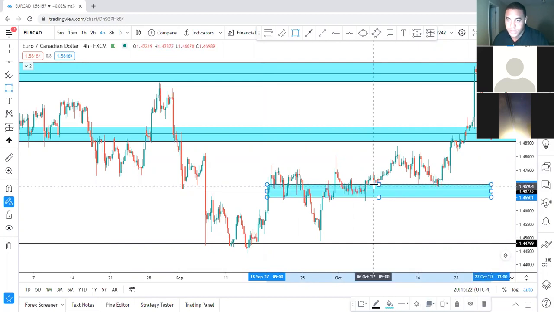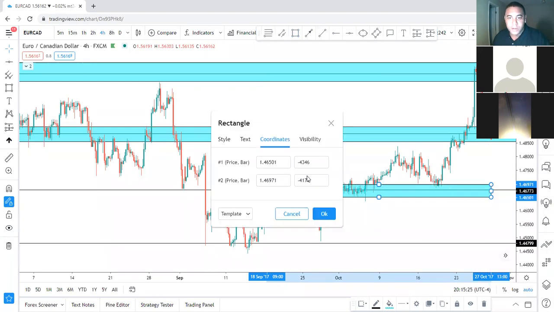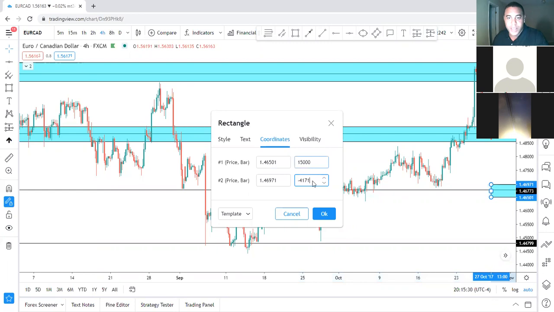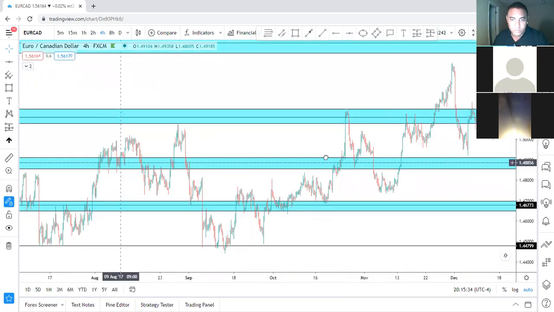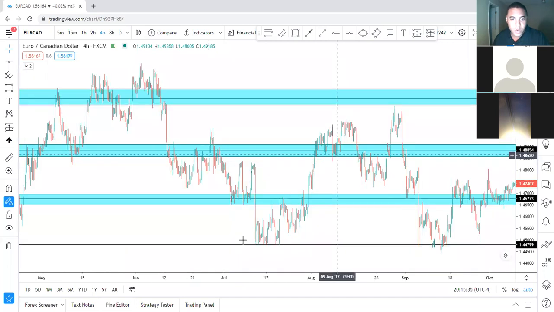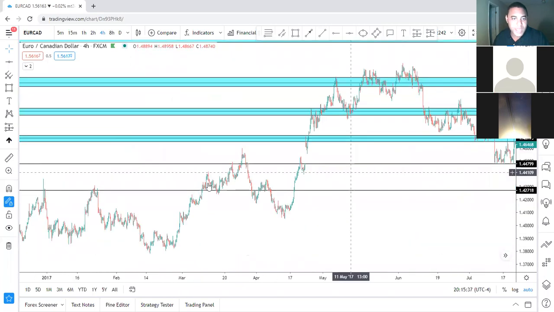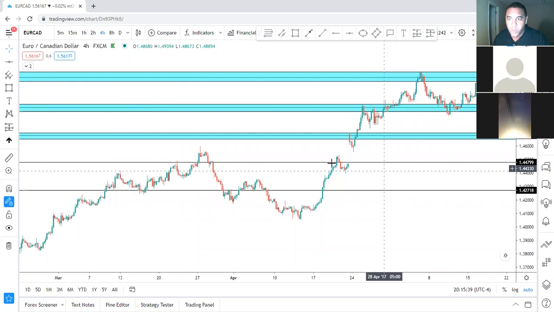I decided to use these candles here. I didn't want the zone to be too wide. The thing about this is once you put this on your chart once, you don't ever have to do it again once you save your chart. It's always going to be there. So it's just a matter of you scanning the market to see what you can find.